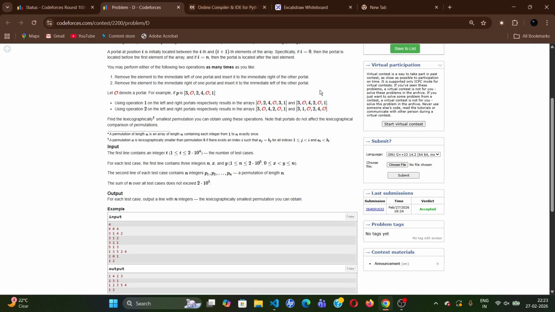So that can only happen, that can be this number or any number inside this range, because we can cyclically shift these numbers. And if this number is the minimum, the number that is in the left or the first of the right, if there is nothing in the left, then we'll compare this minimum with this minimum. If this is smaller, then we'll keep this part and we'll go on putting the outside values of these portals.